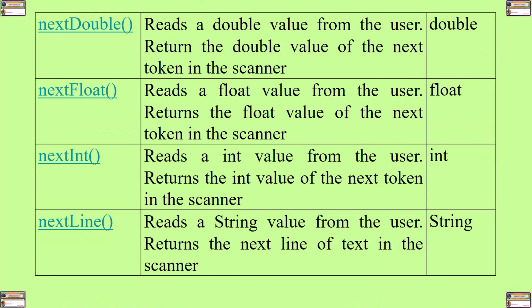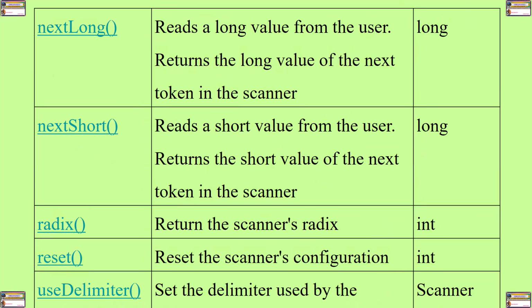We have nextInt, which returns int, used for entering values of type integer. We have nextLine, which we normally use whenever we want to enter a string in a Java program. It returns the next line of text in the scanner.